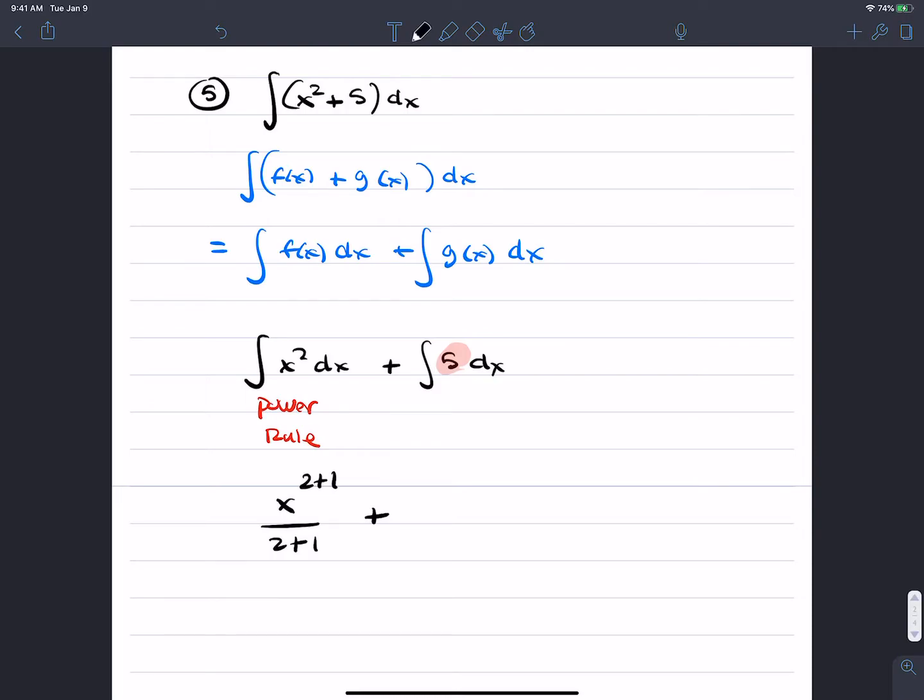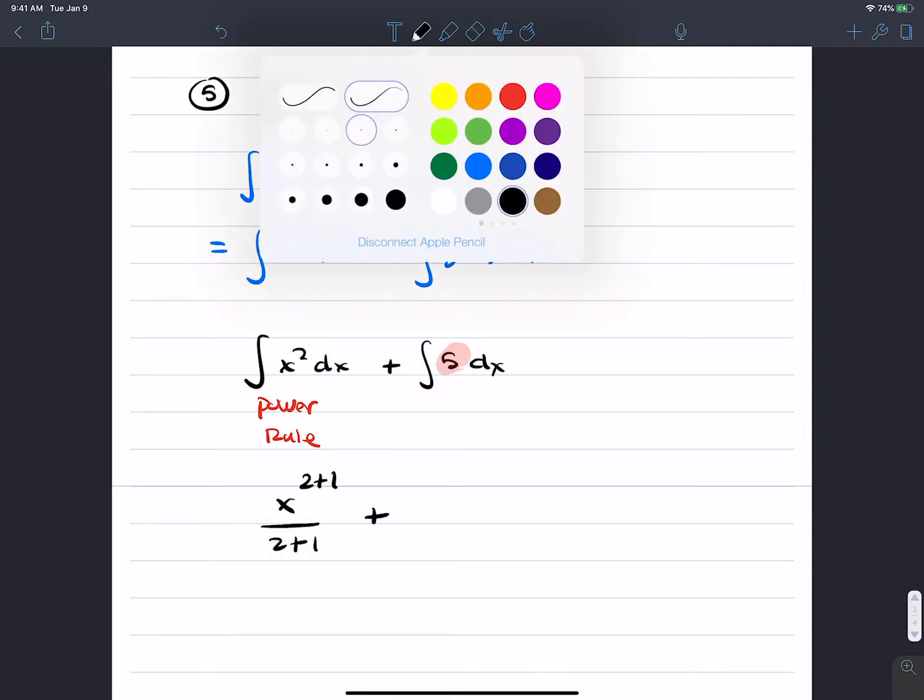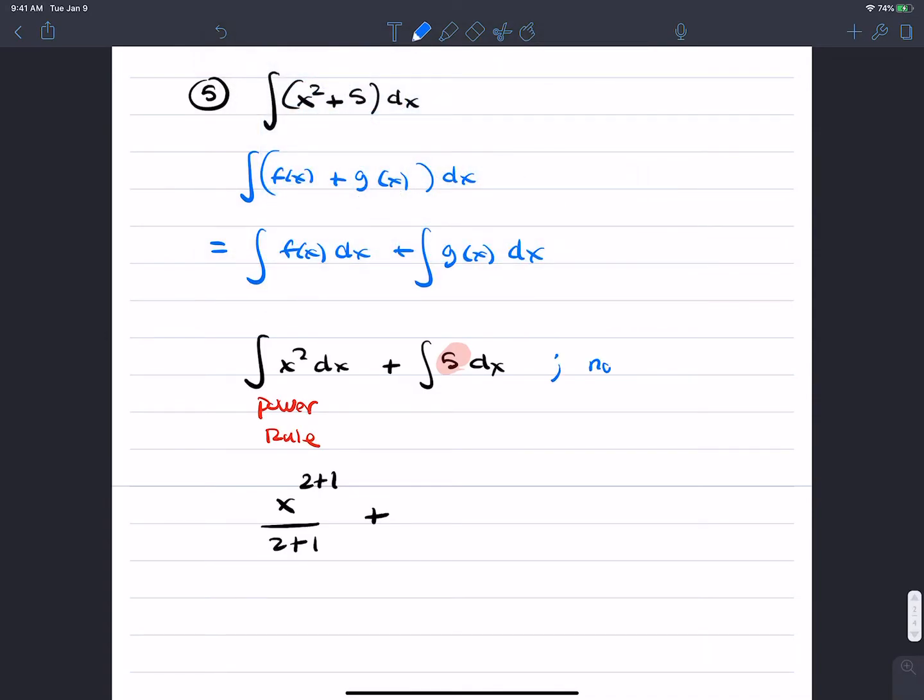Do you guys remember? Let's write this over here. When we looked at this function, in this case it's g, the second function, you might have said, can I think of this as x to the 0, because that's just 1? That's my constant, so I need the antiderivative by the power rule. So we say 0 plus 1 here, 0 plus 1, and yes, eventually plus a constant.